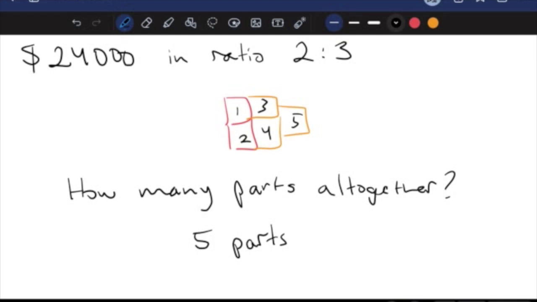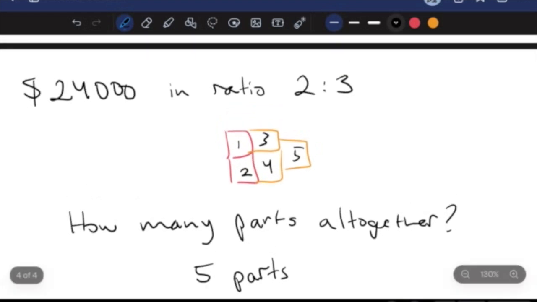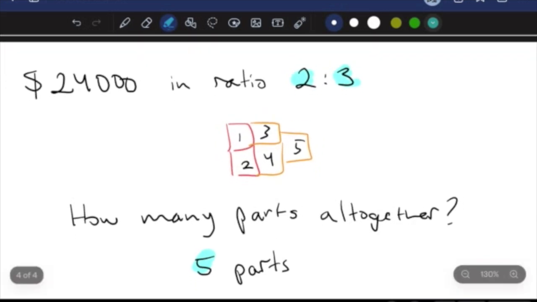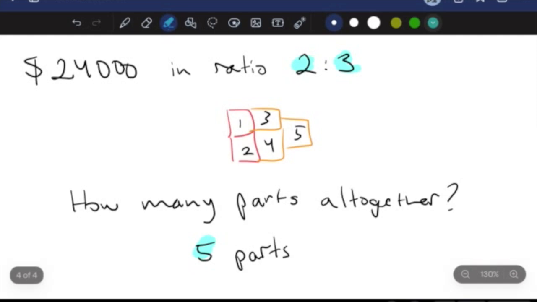To divide this into the ratio, I simply add the 2 parts in my ratio itself. 2 and 3 give 5. And then I can figure out how much will be in one part by dividing my amount of money by 5.